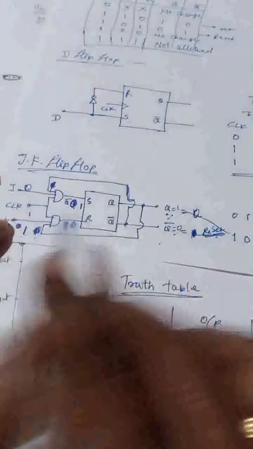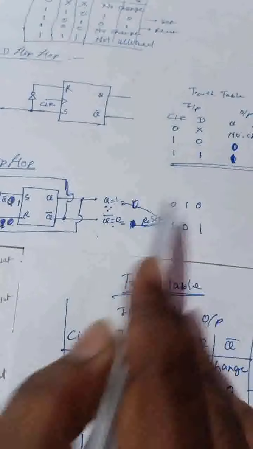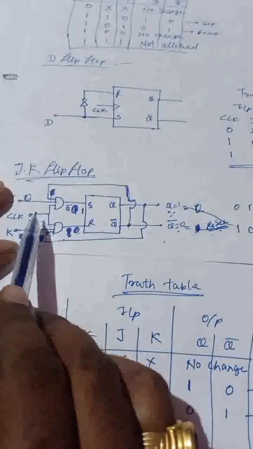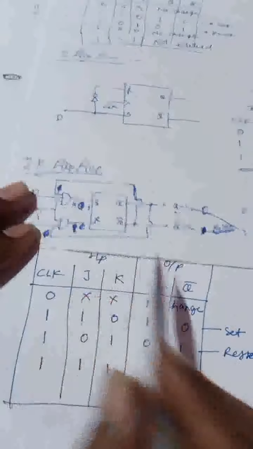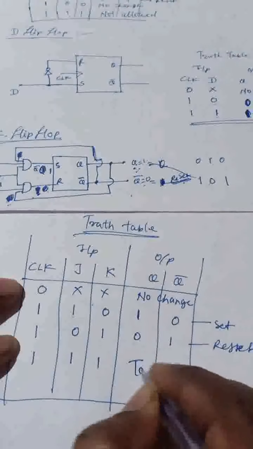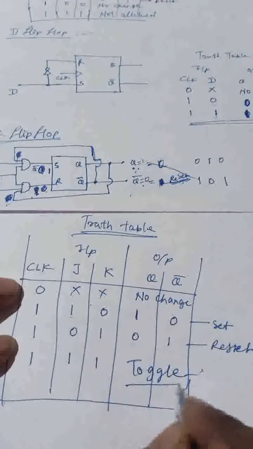So with every application of the clock, or if the clock remains 1, its output changes the state. This condition is called a toggle condition.